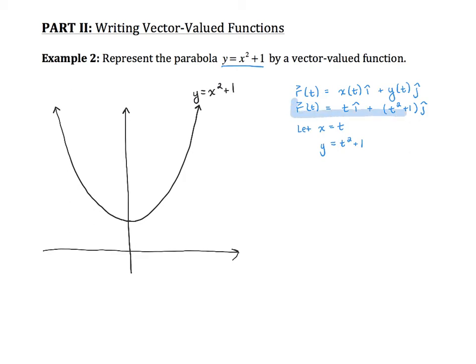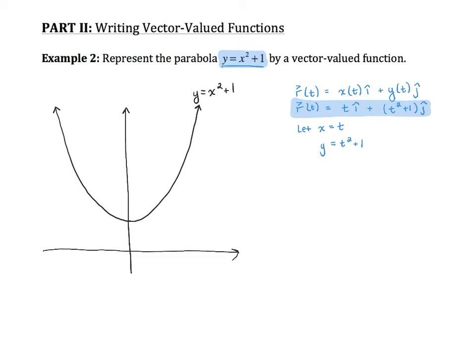This is the vector valued function that will trace out this plane curve just with a whole bunch of vectors. All right, but what I would like to do is confirm that this actually works and that our parameterization of this function creates a vector valued function that does what we want it to do.